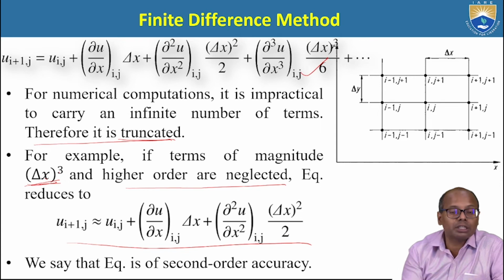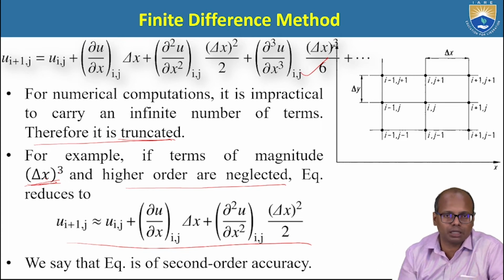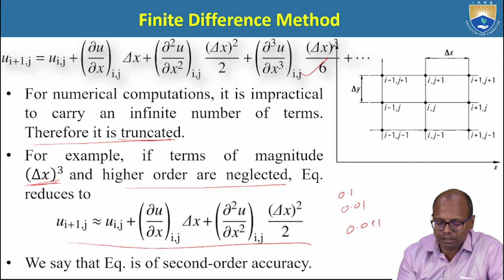The equation is accurate up to second order. Suppose the first order is this, then the second order is this, and the third order may be this. So if I neglect this term, the accuracy that I will get by this equation is only second order.